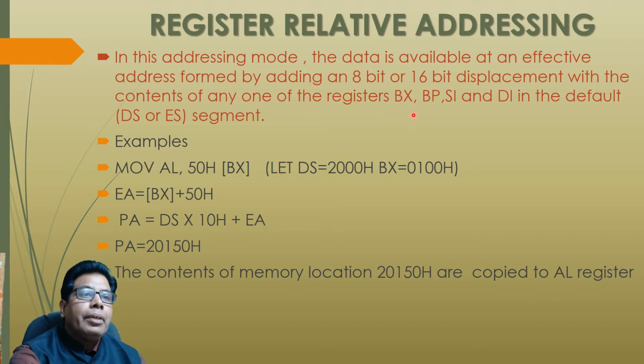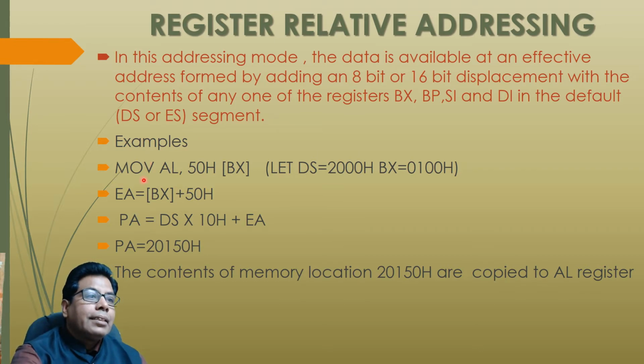Now here BX, BP, SI and DI, we are considering all the 4 registers, that is 2 base registers and 2 index registers, and the segments DS or ES can be considered. So that's why the register relative addressing, some of the textbooks have taken it separately as base addressing and index addressing. So it is again the same thing.